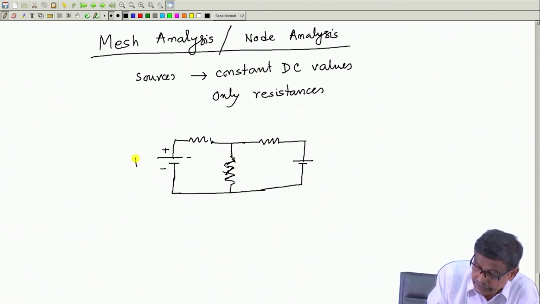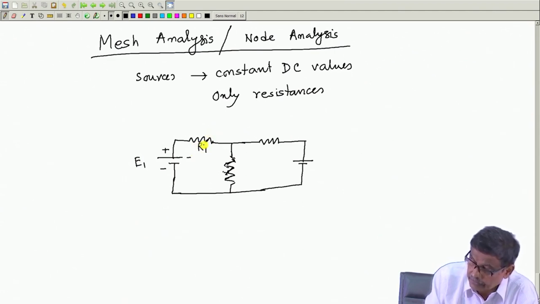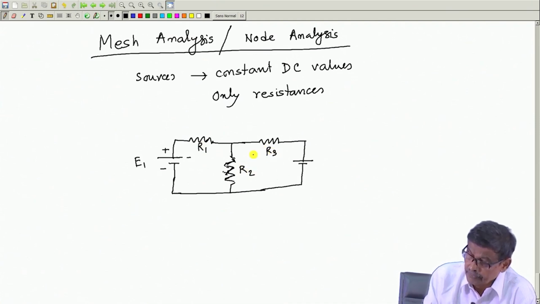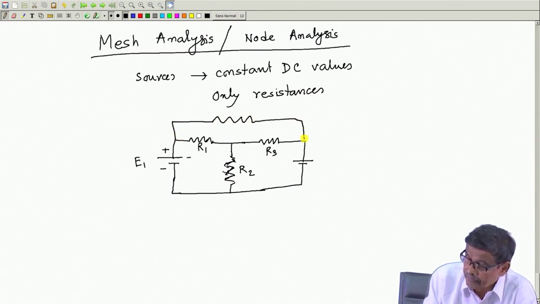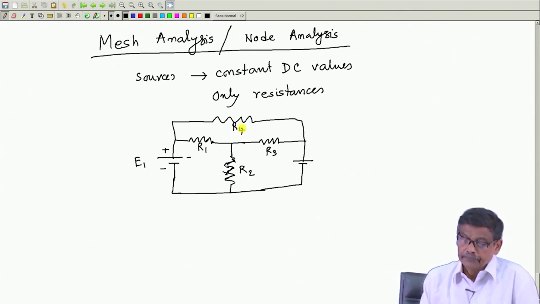Say this is E1, these voltages may be known and these are resistances R1, say R2 and R3 and suppose there is another resistance here connected, R 4. Okay.